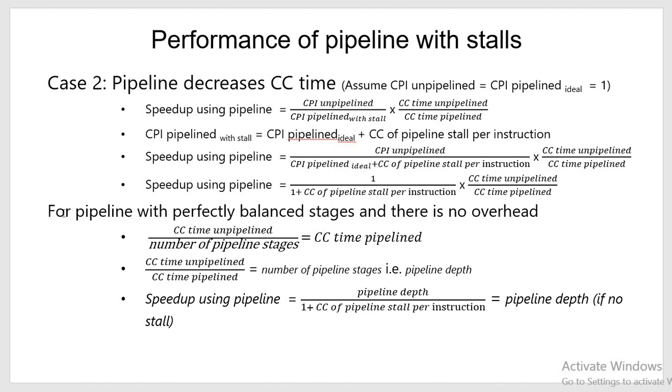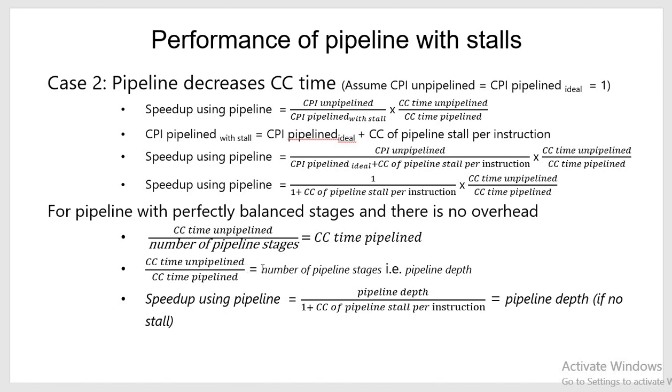But what will happen when the pipeline is perfectly balanced? It means each and every stage is perfectly balanced, there is no overhead, and there is no stall or hazard. Under those circumstances, the CC time of pipeline will be equal to CC time unpipelined upon the number of pipeline stages.